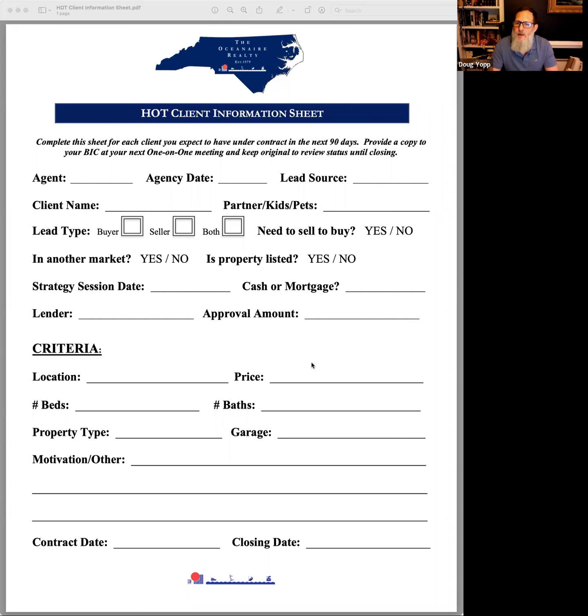We can keep an eye out for fences, but let's make sure that we get all the other things first, right? And then if it comes down to 2 who have everything and 1 has a fence, well, then we can go to the fence, right? But really understanding what it is that's important to them in the search and making sure that we're keeping that in our line of sight, right? So we're not spending time showing them things that don't meet what they've said they're looking for, right?